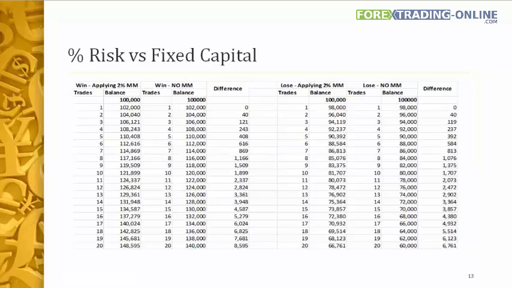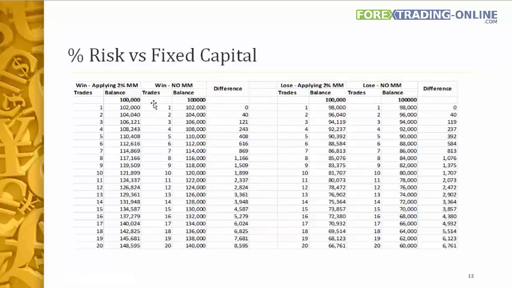For example, here we have a chart that identifies a winning streak of 20 trades in a row and a losing streak of 20 trades in a row, applying 2 different scenarios. The first scenario, where we apply a 2% money management rule, where we're risking 2% per trade of the account, and the second scenario, where we're not applying a 2%, but instead we're applying a fixed capital amount.